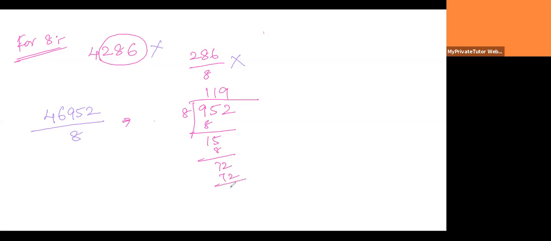So we'll get the remainder as 0, which means it is divisible. The last 3 digits are divisible by 8. So the original number 46,952 is also divisible by 8. So that's it. We just need to pick the last 3 digits and check whether they are divisible by 8 or not.